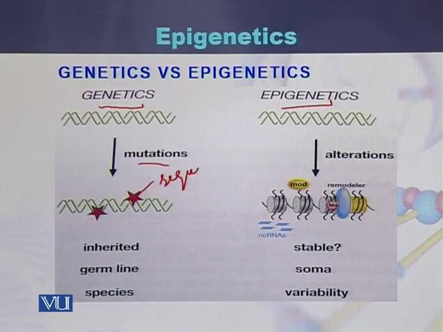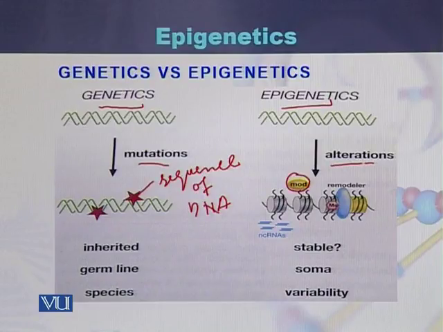On the other hand, in epigenetics, these are called alterations. Alterations are not a change in the sequence of DNA. Instead, they are modifications: modifications on the histones or modifications on the cytosine present in the DNA sequence.